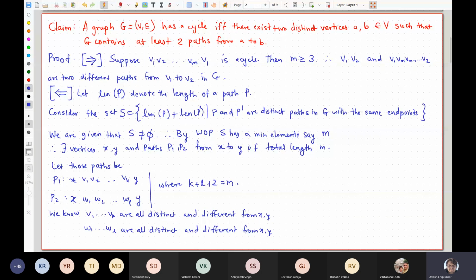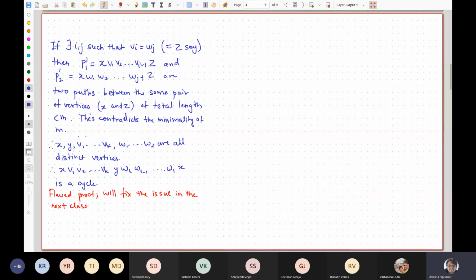So now let us try to finish off this proof. If we can somehow prove that these vi's are all different from the wi's, then we are done, because we can construct the following cycle: x, v1, v2, up to vk, y, followed by wl, wl minus 1, and so on down to w1, and back to x. So we are going to prove that each vi is different from each wj.